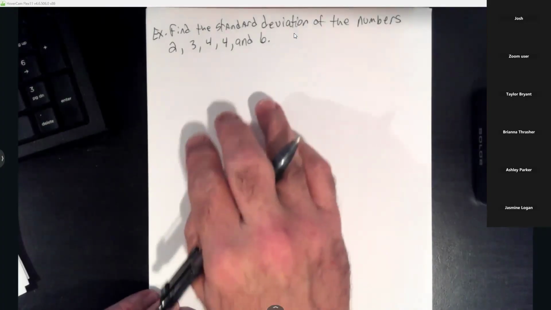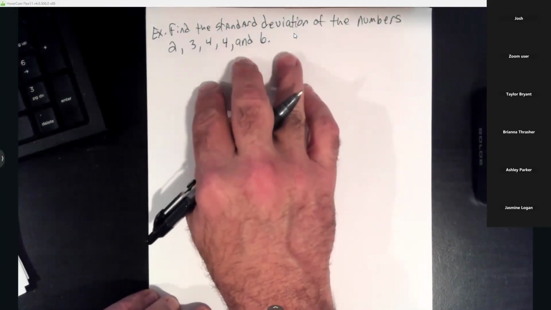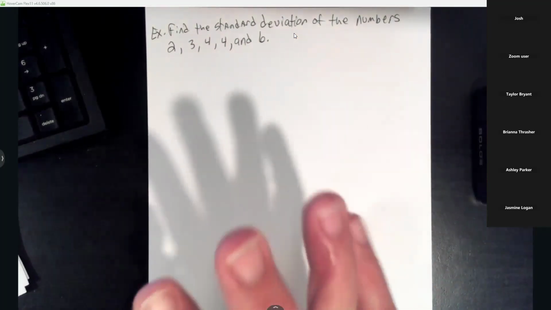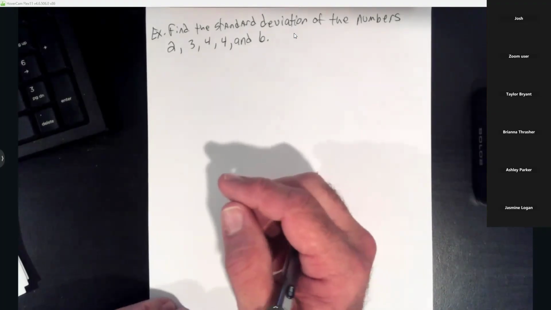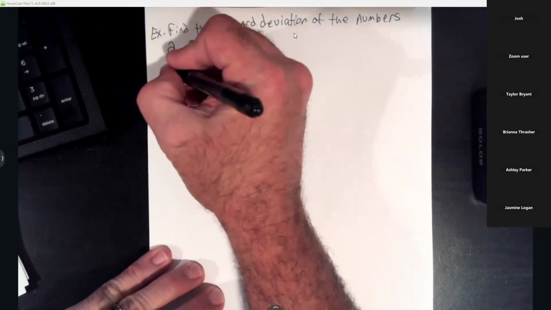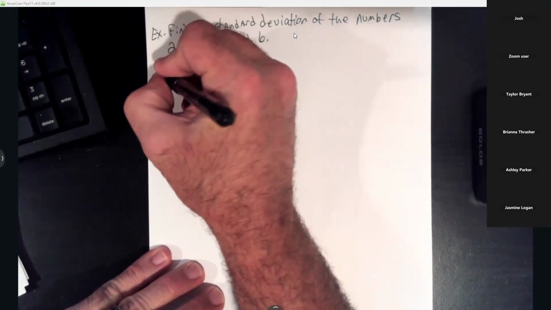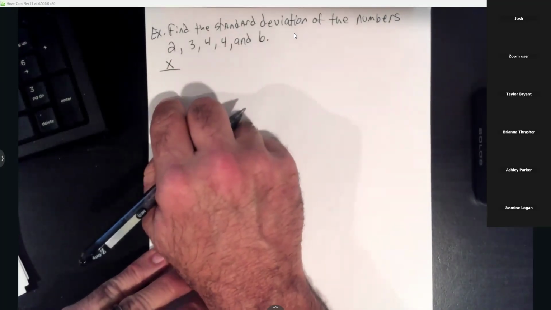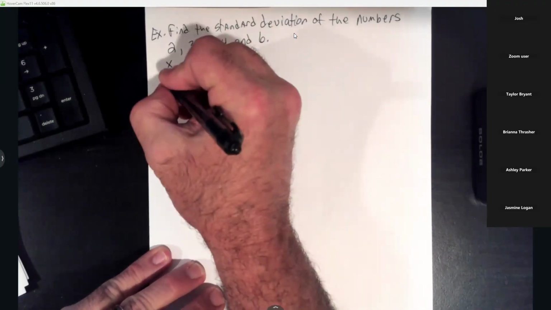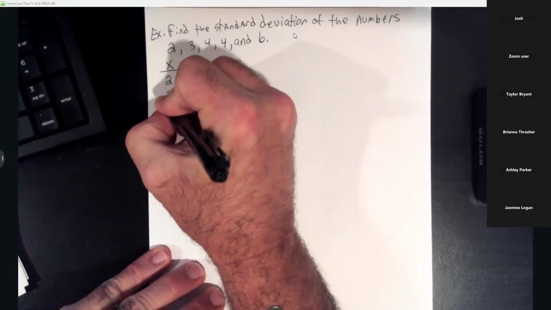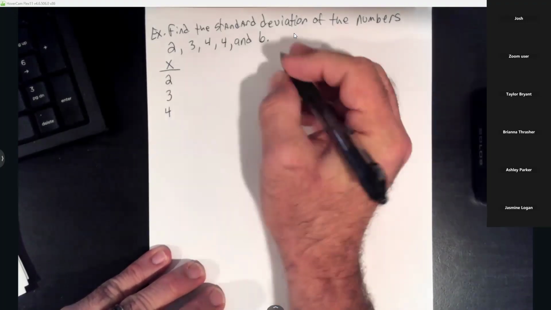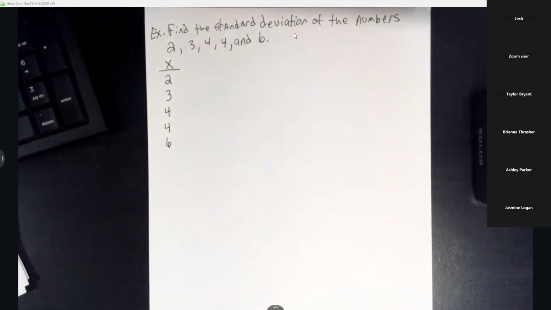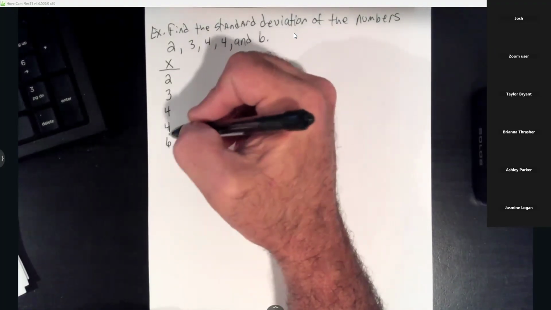Just to get you a little idea of how I find my standard deviation. Because y'all, there's a few steps on this, remember. So the first thing I do is I'm going to list all my data points and I'm going to call them X. Okay. So I had a 2, a 3, a 4, a 4, and a 6. So these are my data points.